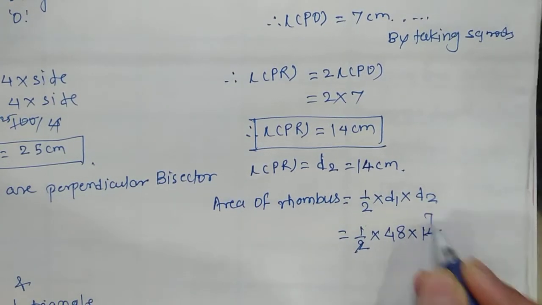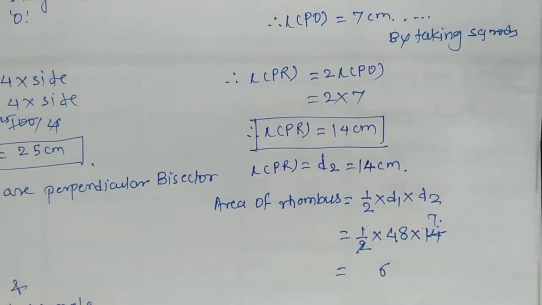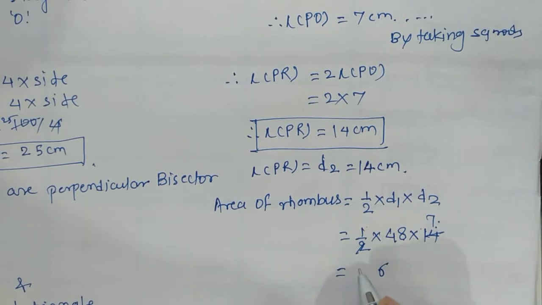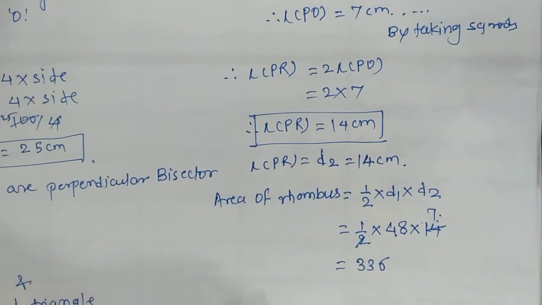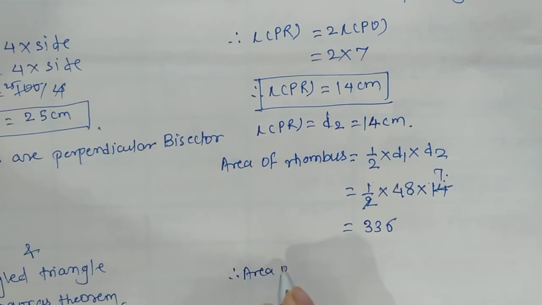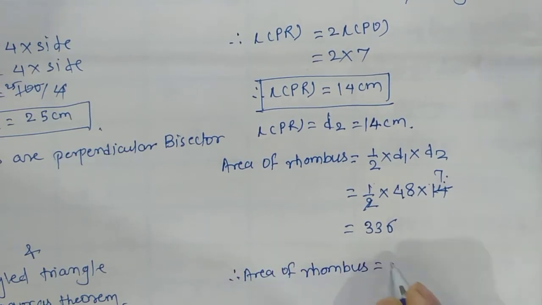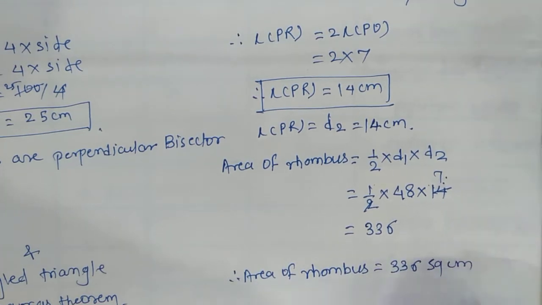So 2 7s are 14. 48 multiplied by 7. 7 8s are 56. Carry is 5. 7 4s are 28. 28 plus 5, it is 33. So, therefore, area of rhombus is equal to 336 square centimeter.